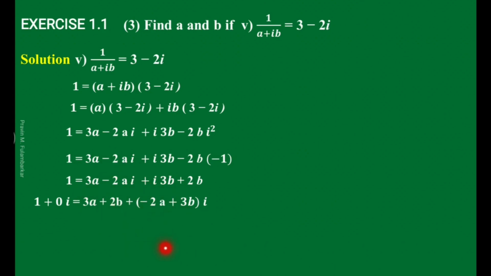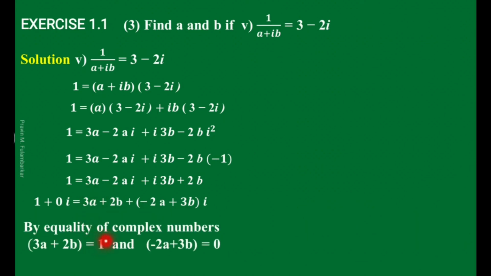Now by equality of complex numbers, we write this 3a plus 2b equals 1 and minus 2a plus 3b equals 0.